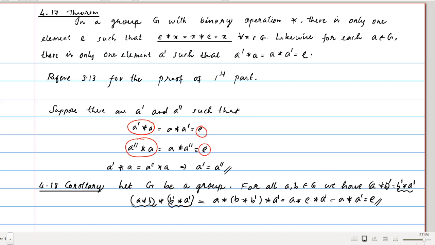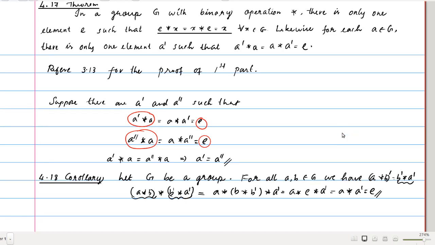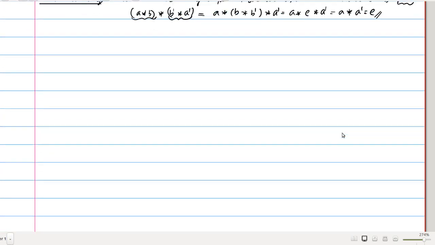This is the only inverse of A star B in G. This is the way we evaluate the inverse of A star B in group G. Now we have some remarks on these definitions and properties of group G.